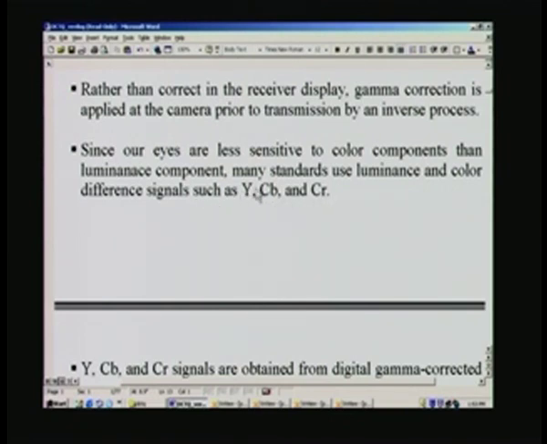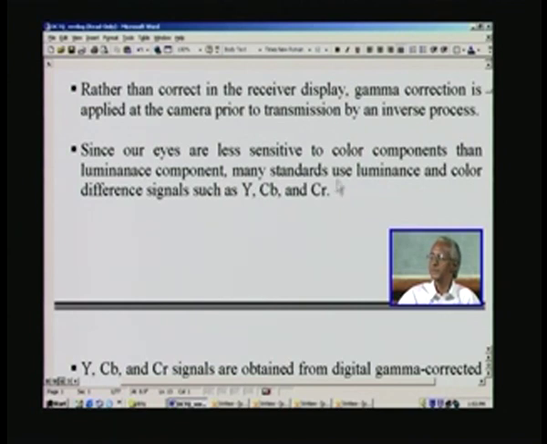Y is known as the luminance portion, and CB and CR are the color portion, and do not correlate this to RGB straight away. Suppose you take CB and want a color picture, you may get some outline of the picture but not the true color. Also, with Y you won't get the monochrome picture.